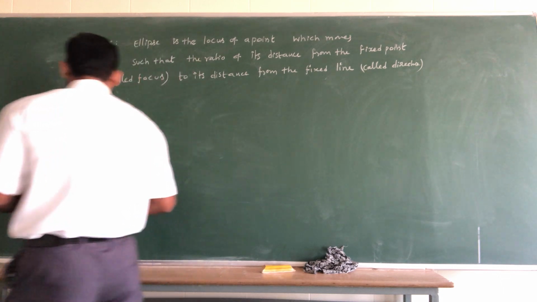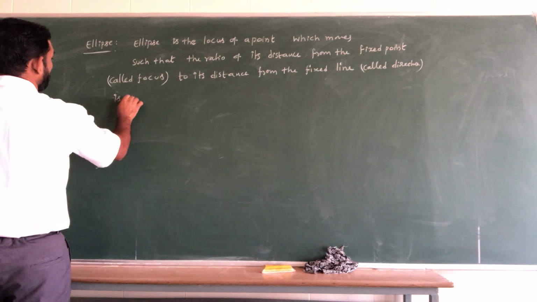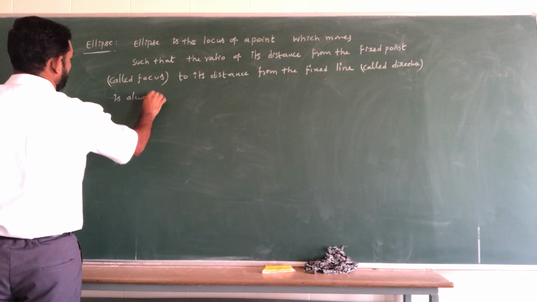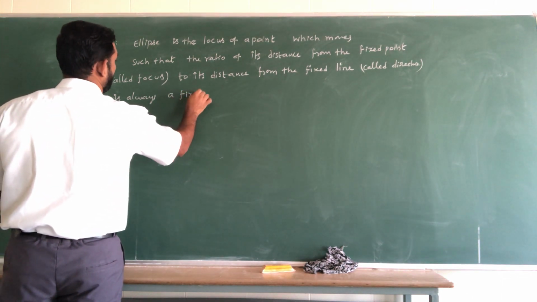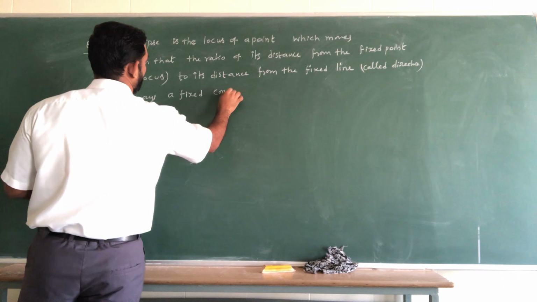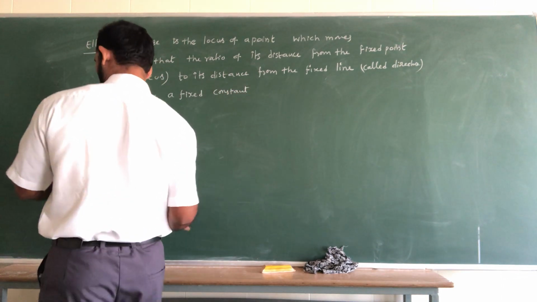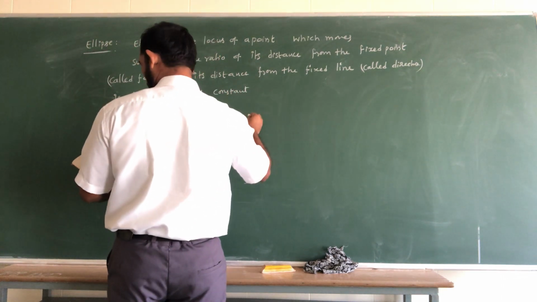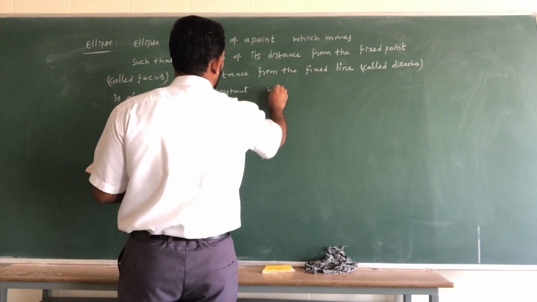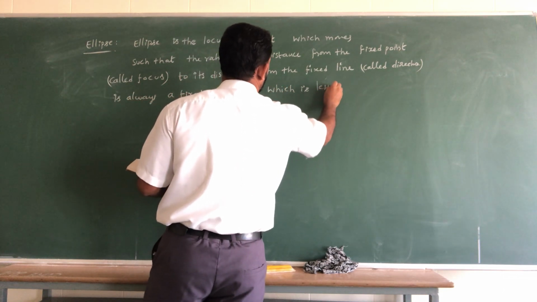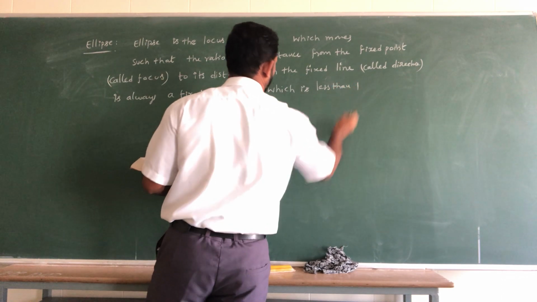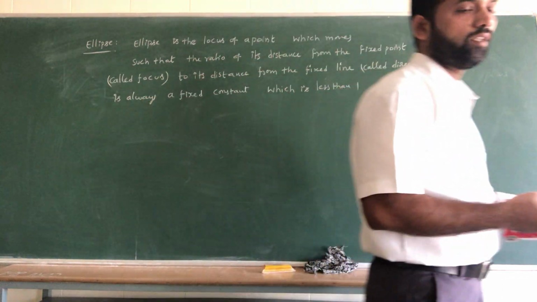is always a fixed constant which is less than 1. That is called the ellipse definition.